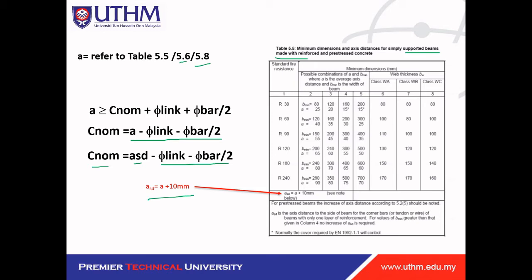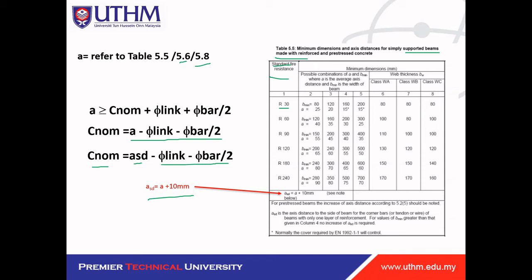So you can see where you can get the axis distance. Let's say here is standard fire resistance. Here you have R30 up to R240. R30 means it will last for fire resistance for 30 minutes, and this goes up to 240 minutes, which is equivalent to 4 hours.